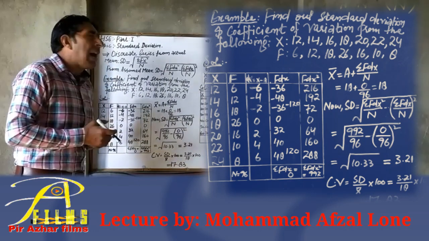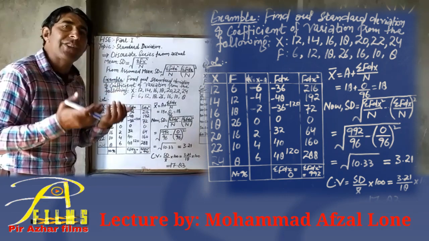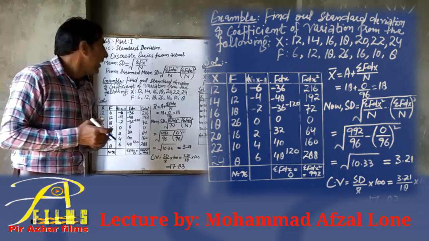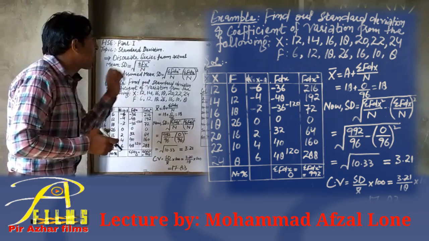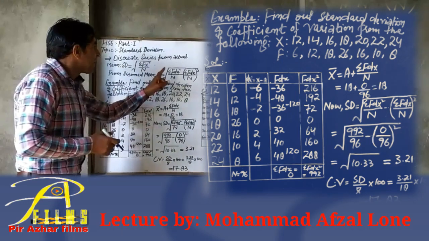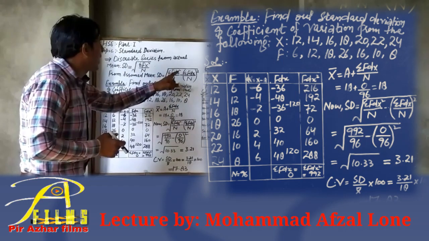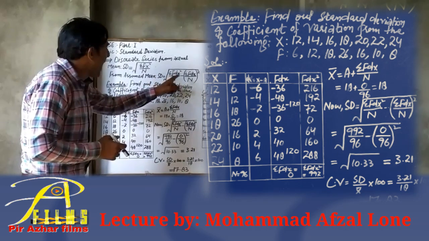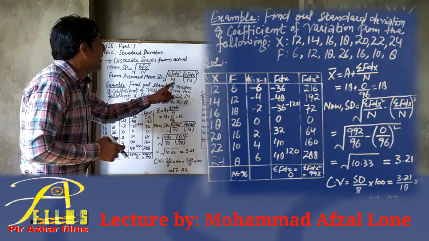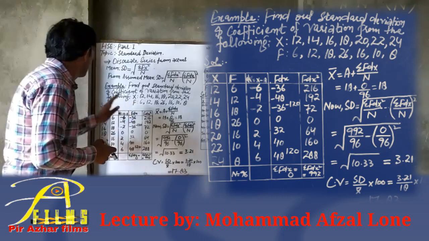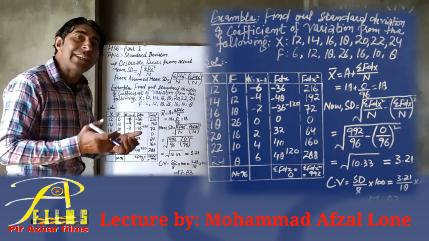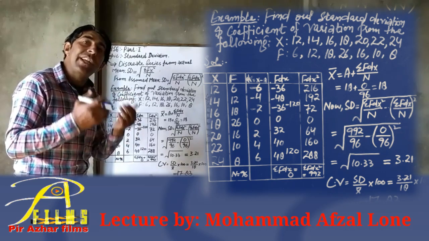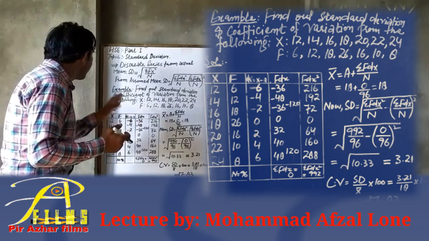We have a separate formula from assumed mean. Standard deviation is equal to under root of summation of f dx square divided by n minus summation of f dx divided by n whole square. We have the example here of how standard deviation is calculated in discrete series by assumed mean.